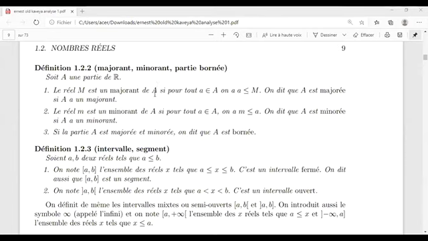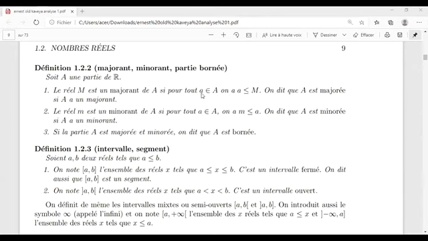So if we have a set A, and in that set A we've got a certain value or a certain letter or a certain number, which is a, and that a belongs to the set A, the petit a. If you want, you can put x here. We can say x belongs to the set A. So we can say the majorant is the highest.